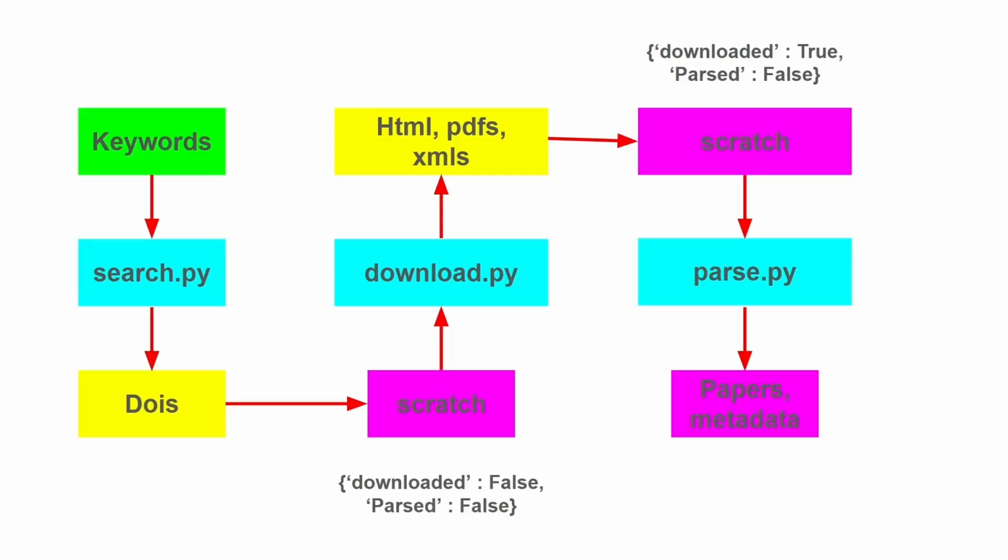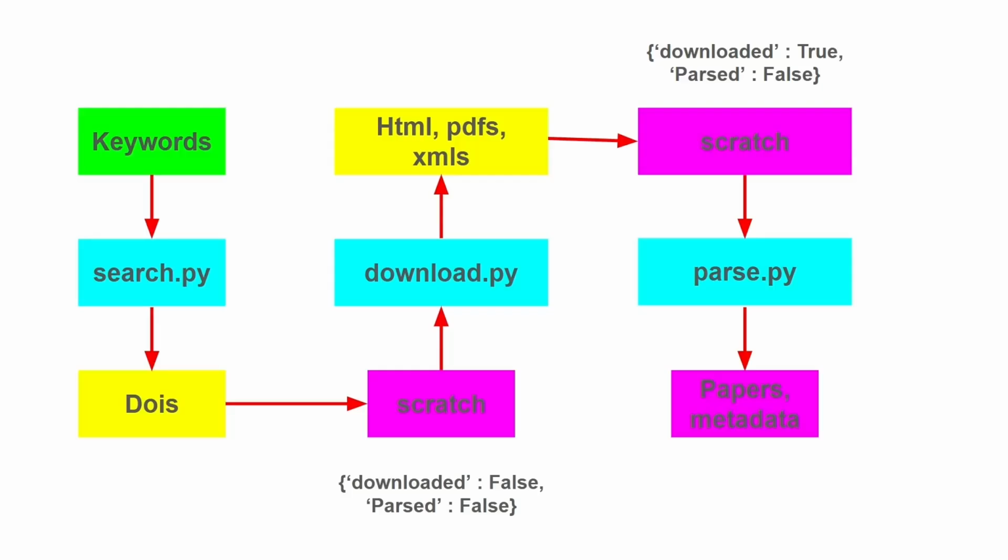So as you can see, the pipeline is really modular in that the download.py module and the parse.py module only really interact with the Scratch module. It doesn't really interact with the search.py. And the advantage for this is that different users can run different search queries at different times, and anyone can do a download or the parse at any time.